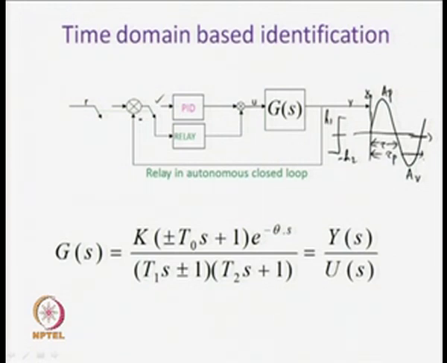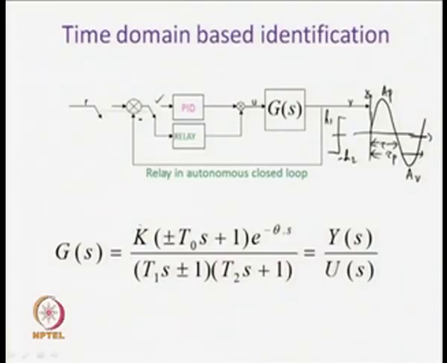So, by making 4 measurements, it is possible to estimate 4 unknowns associated with the transfer function model, whereas we have 5 unknowns in the transfer function model. Those are the steady state gain k, the zero t 0 and 2 poles with time constants t 1 and t 2, and along with that we have the dead time associated with the system, given by theta.